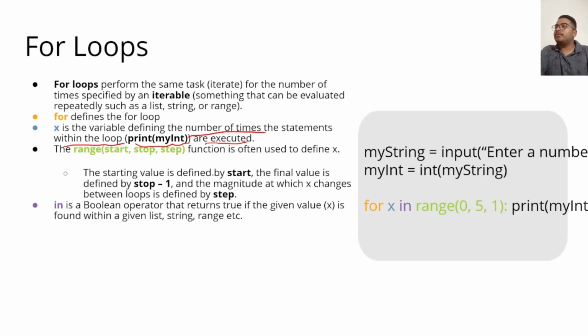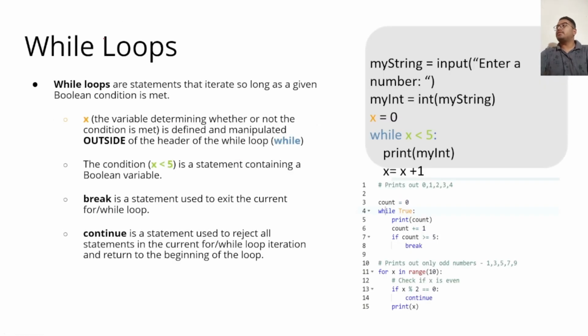The starting value is defined by start. The final value is defined by stop minus 1. The magnitude at which x changes between loops is called step. In is a Boolean operator that returns true if the given value x is found within a given list, string, or range.